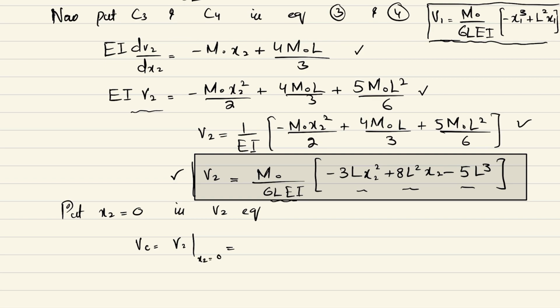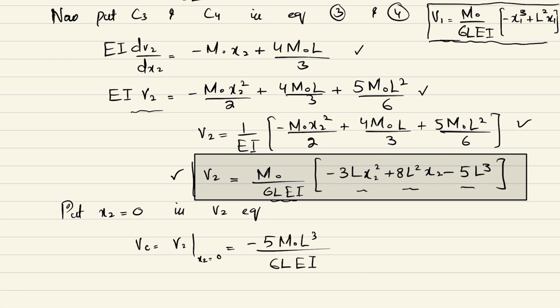So when you put x2 is equal to 0, this term will be 0, this term will be 0, and we will be left with minus 5L cube into m naught over 6LEI. So I will write minus 5 m naught L cube over 6LEI.